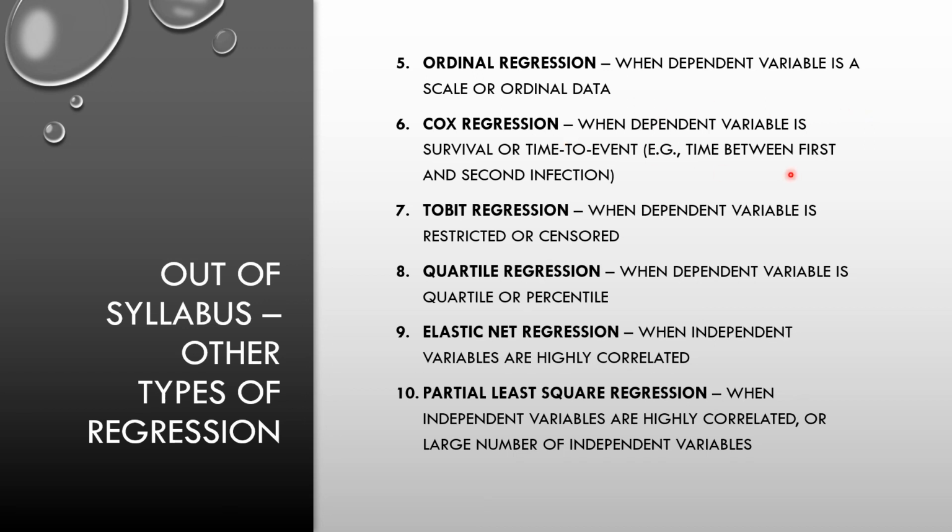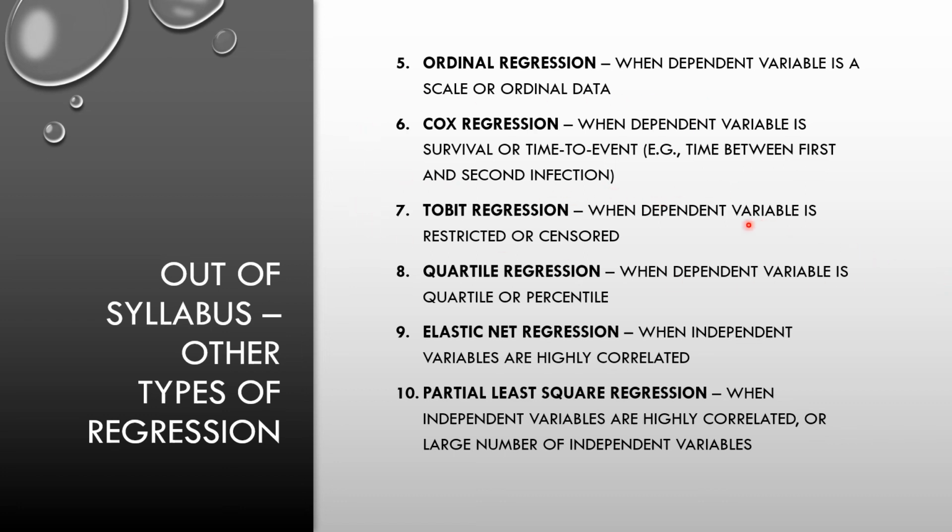Cox regression is when the dependent variable is time to event. It's very useful when you're trying to estimate which variables can predict the time between, let's say, the first and second infection, accidents, or whatever. The first time you encounter something and the second time, what is the time difference? You can use Cox regression.